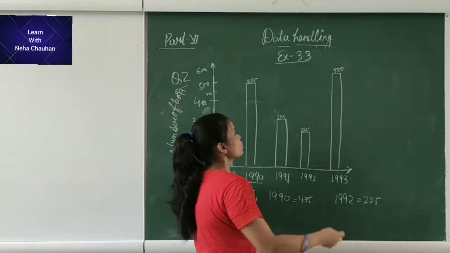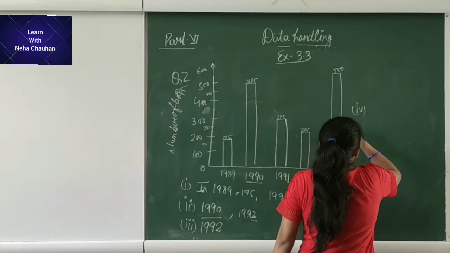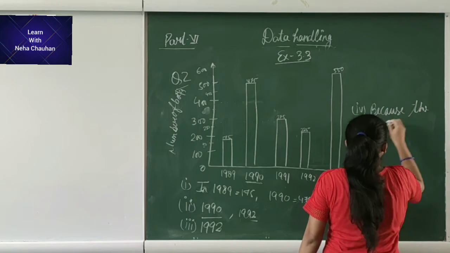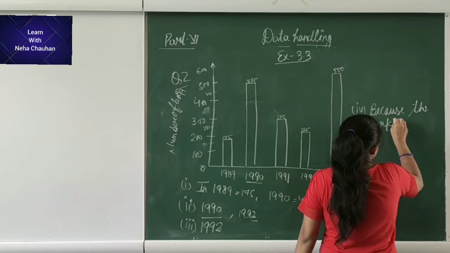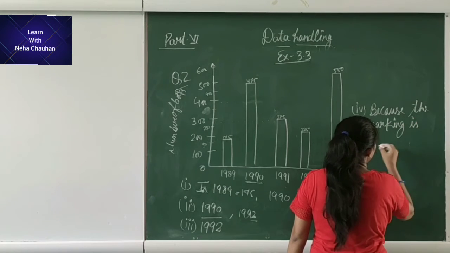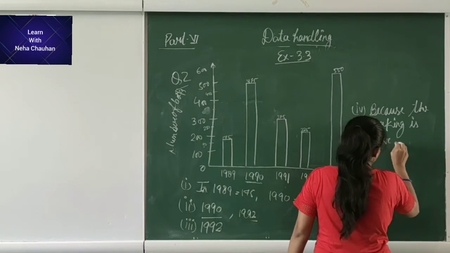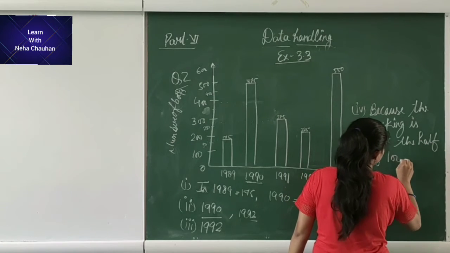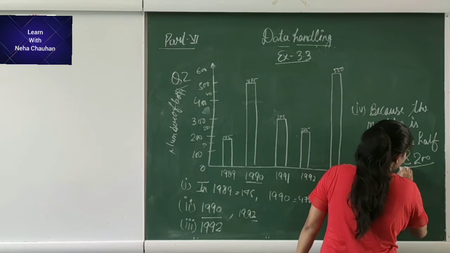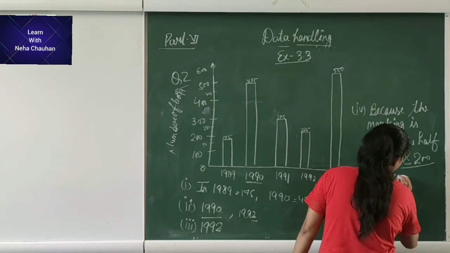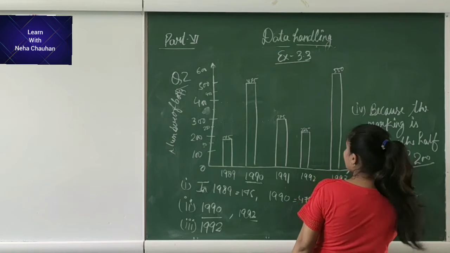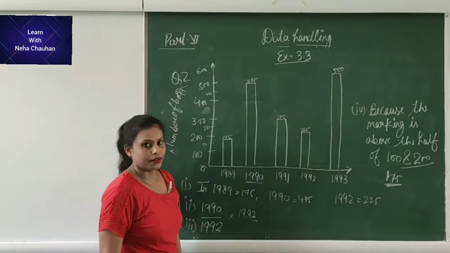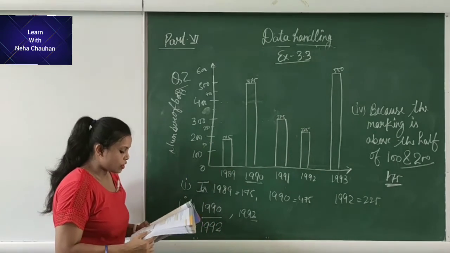So the answer to the 4th part is because the marking is above the half of 100 and 200. So we have taken 175 as the reading.